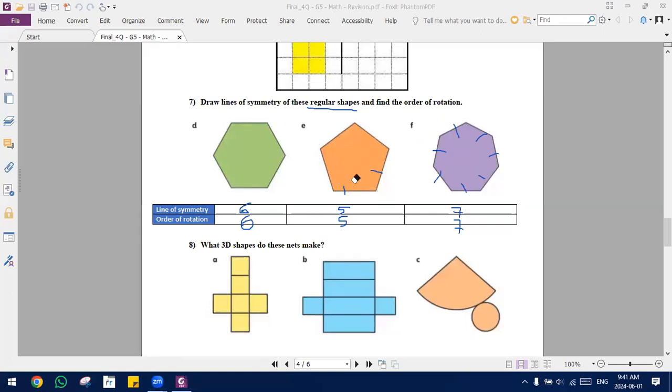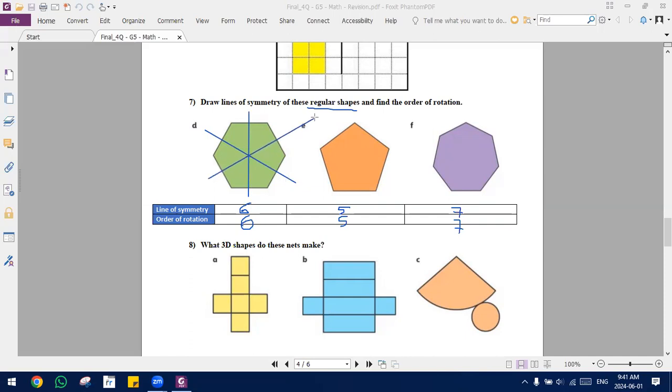Now the question says, draw the line of symmetry. So it's better if you use a ruler. Now I need 6 lines of symmetry. First of all, I will draw lines that cut the middle of the side. So this is line number 1 from the middle of each side. This is line number 2. So each line cuts the shape into 2 equal slices.